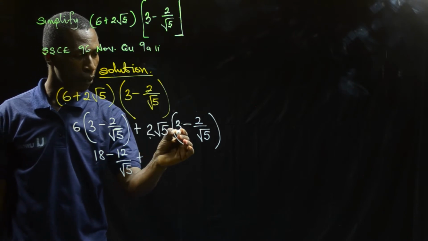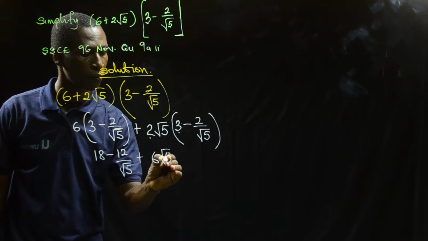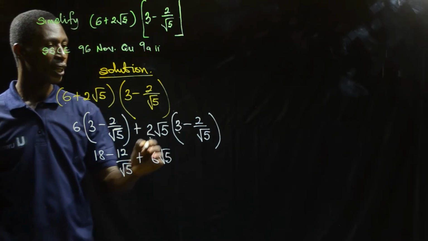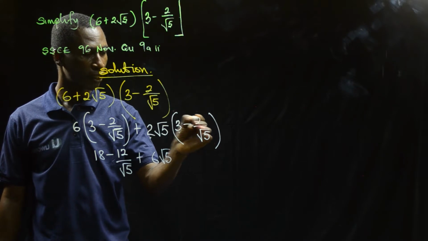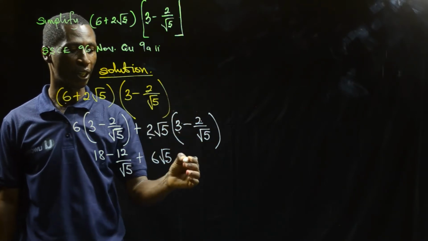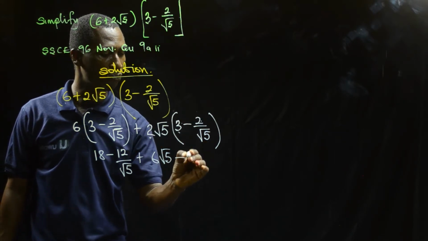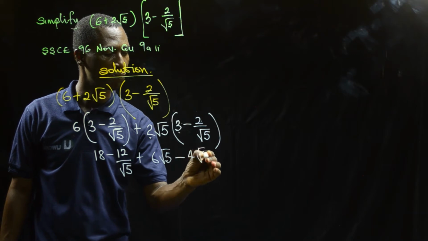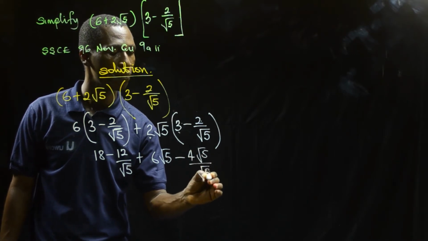So 2 multiplies 3, I'm going to get 6 root 5. Then the 2 over root 5 is multiplying the top. So let us make it before we cancel out: minus 2 multiplies 2, I'm going to get 4 root 5, all over root 5.